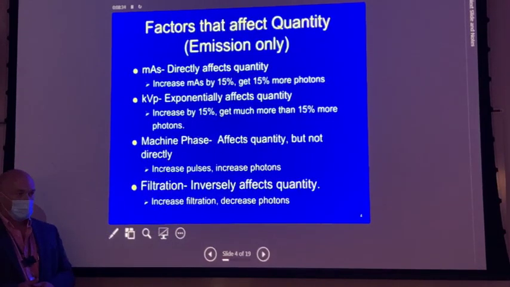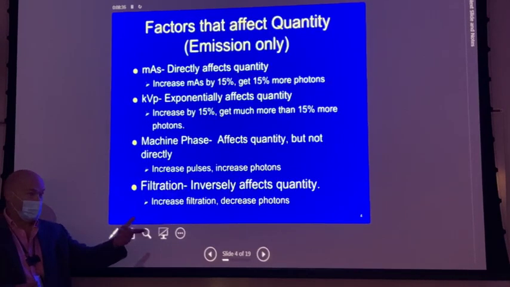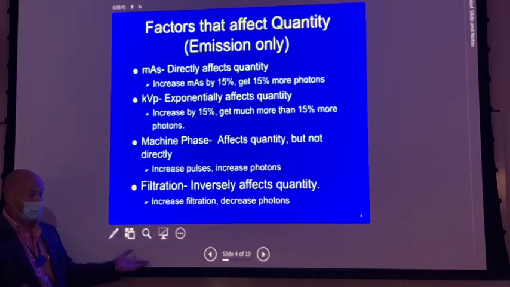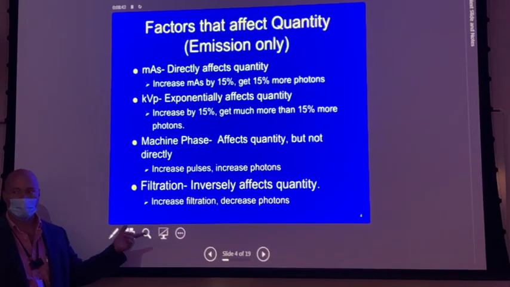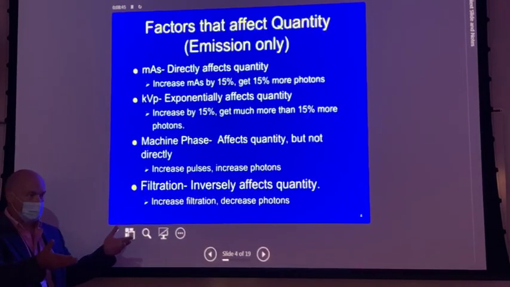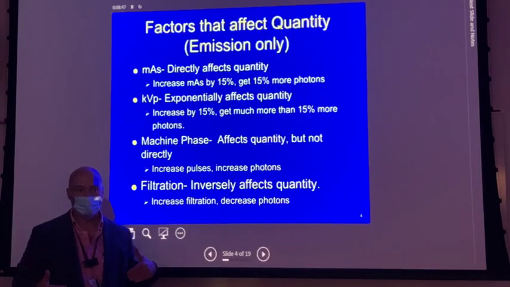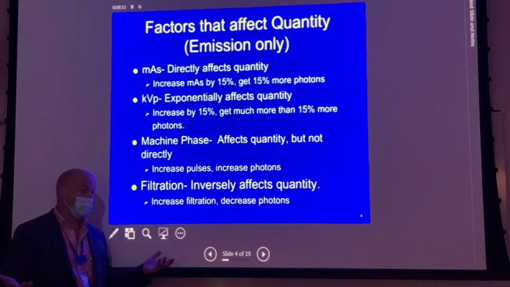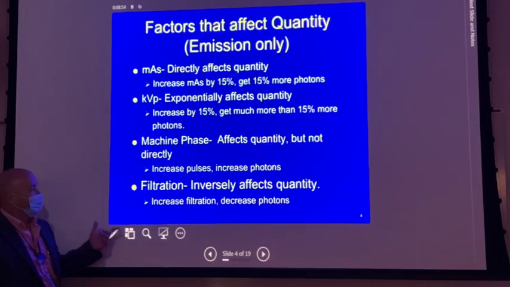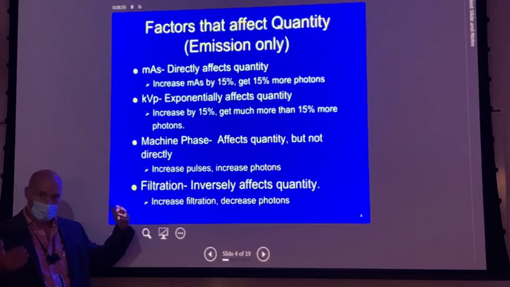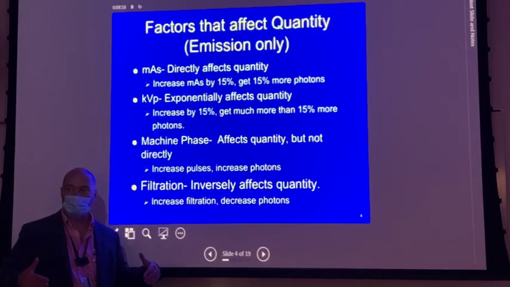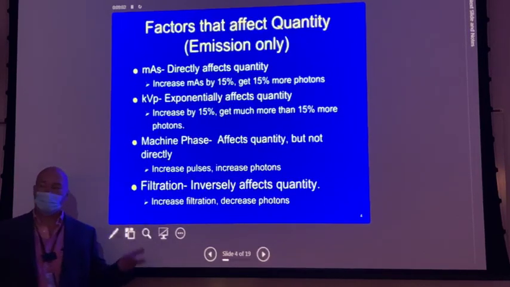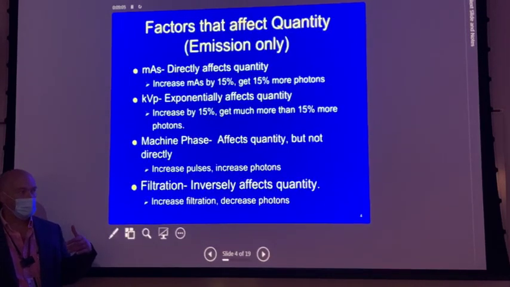It increased average energy, but the purpose for the filtration, that's a benefit of the filtration, but the purpose for the filtration was to get rid of those low energy photons that would just absorb inside of the patient's body and contribute nothing to the image, right? So it was really radiation protection. But what happens with filtration is by getting rid of those low energy photons, what are you left with? Higher average energy.